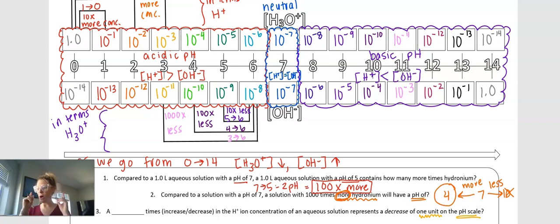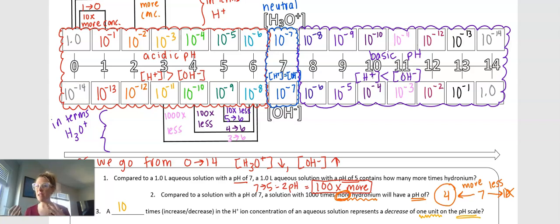Okay, if we're talking about 1 unit on the pH scale, how many times different is that? Okay, that's only going to be a 10 times difference. So a 10 times increase or decrease in H plus represents a decrease of the pH scale.